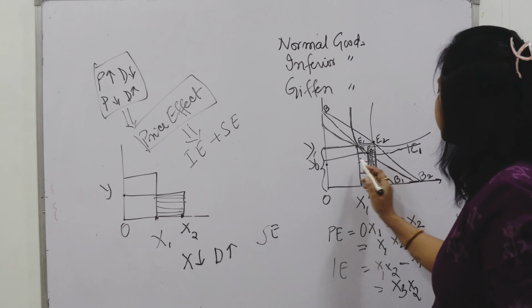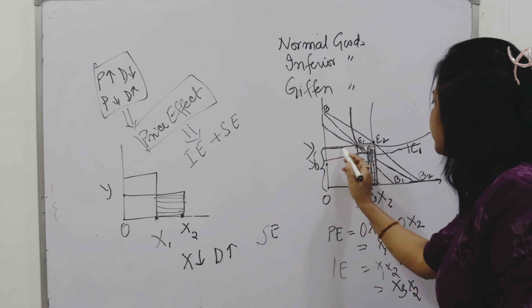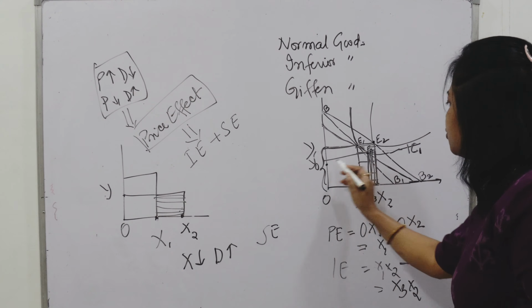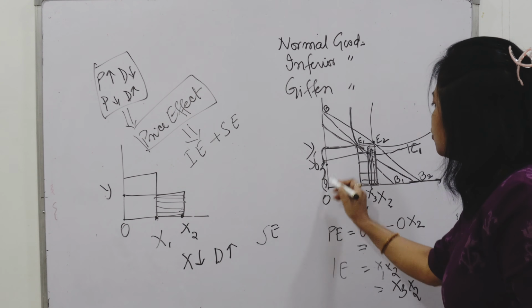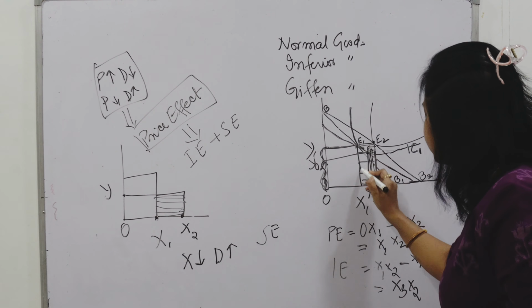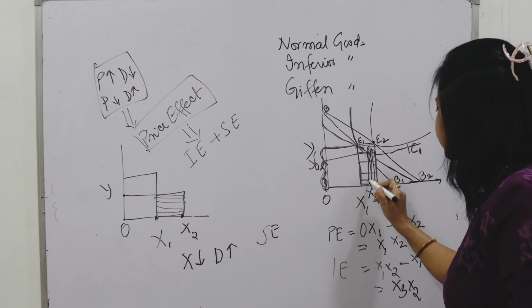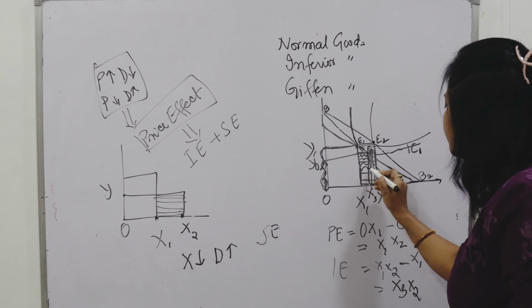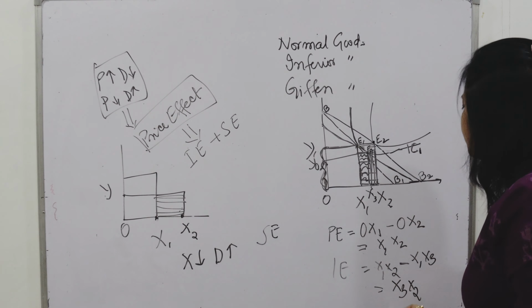I was buying this much of Y, but now I have shifted to this much of Y, so this much minus this much, this portion, is known as your substitution effect.